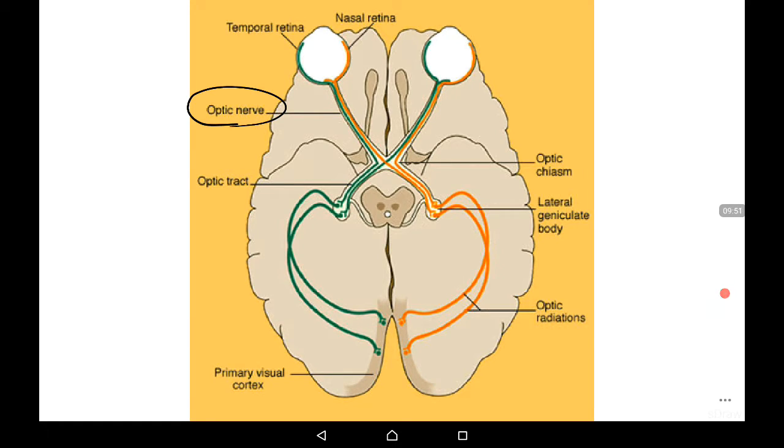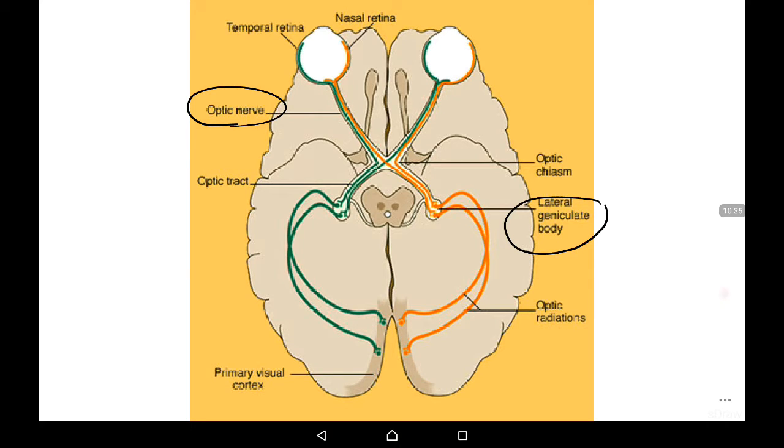It is interesting to mention that the temporal retina is projected in the same hemisphere, and the information from the nasal retina crosses in the optic chiasm and is projected in the cortex of the opposite hemisphere. The information is processed in the thalamus, in the lateral geniculate body.